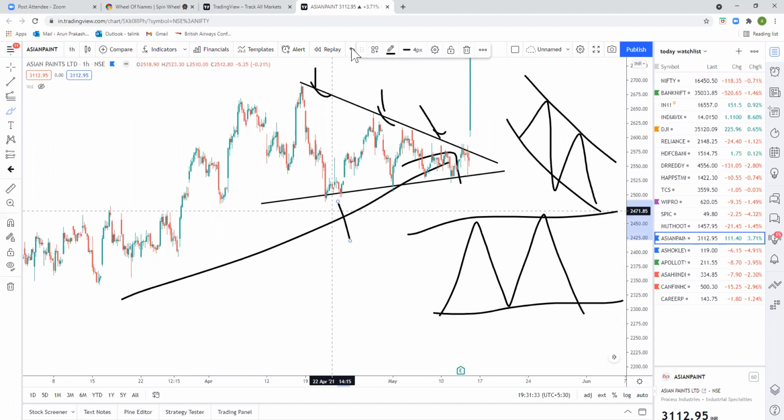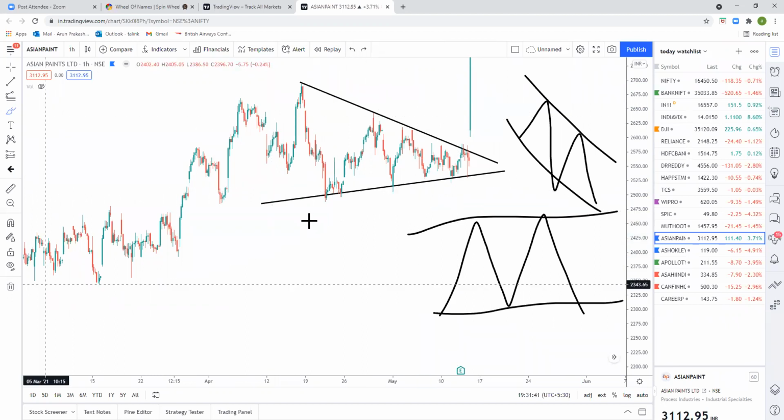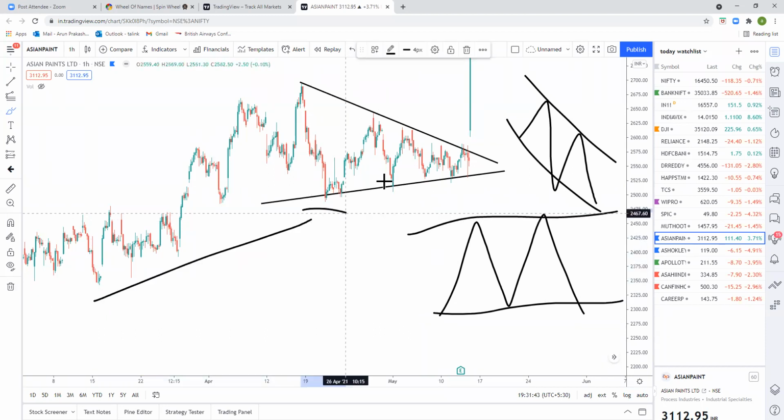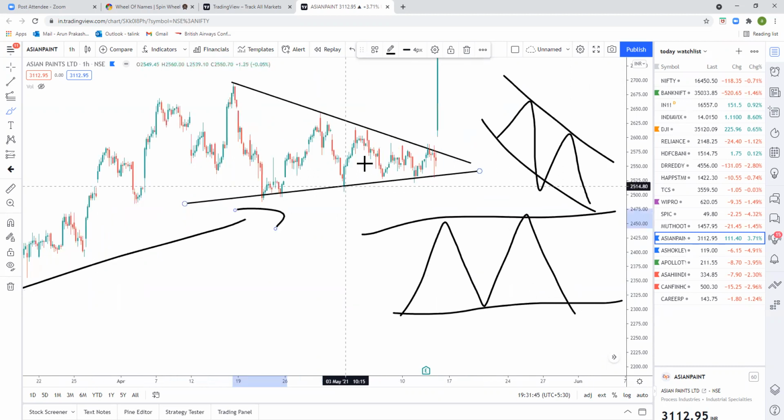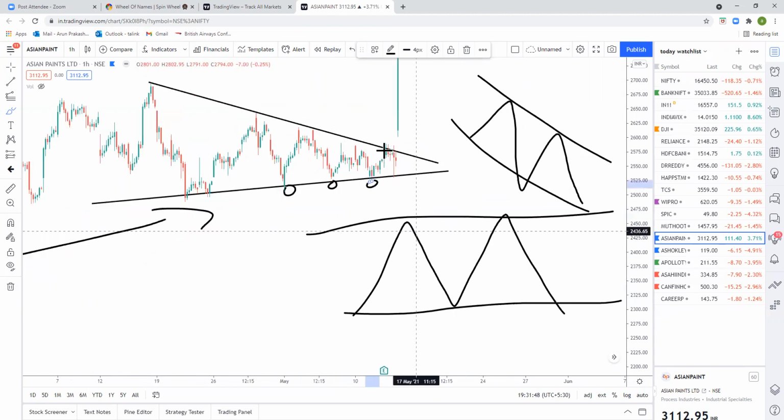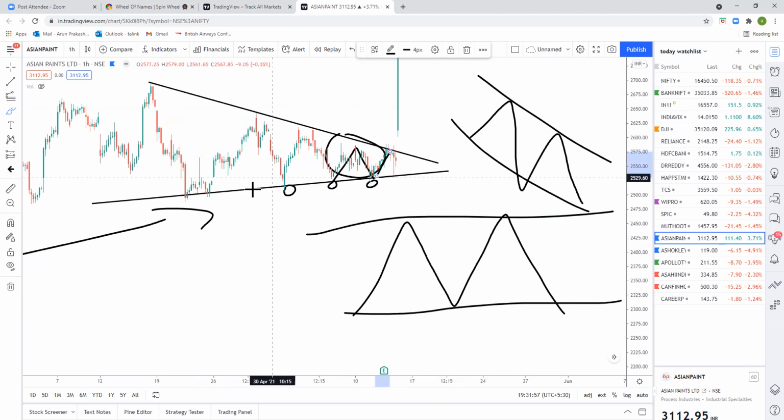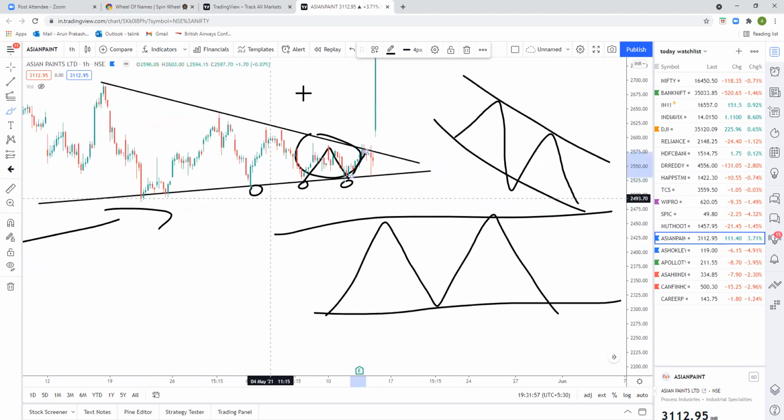So when you get a symmetrical triangle and the previous trend of the stock is bullish, I would be buying here. There is very little gap to this level, so it's okay to buy it here. Okay, got it.